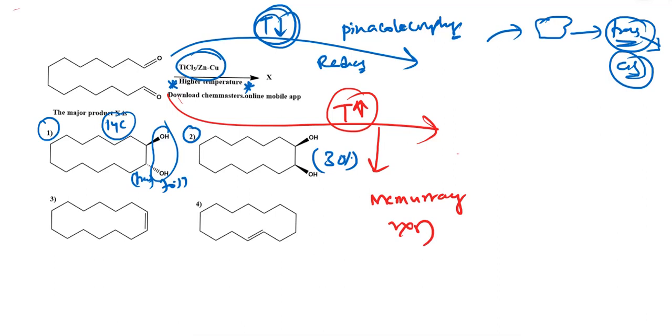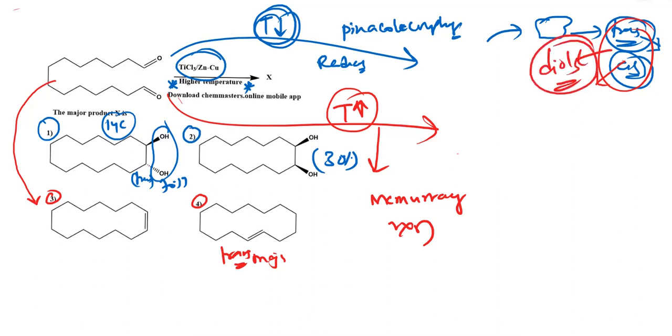In the McMurry reaction, the reactant is going to produce 3 and 4 as the products, but the major product is the fourth one, that is, the trans alkene is the major product. Here I told you cis and trans alkenes, but not cis and trans diols, so just correct that.